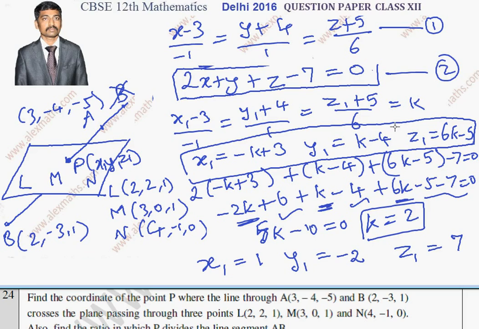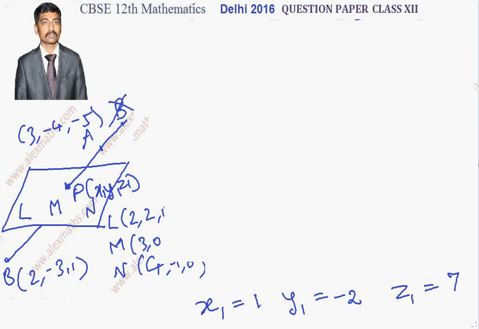Now we have to find the ratio in which the point P divides the line segment AB. After finding this meeting point, I will draw the line again, AB, and the point P is here, which we got as 1, minus 2, 7.